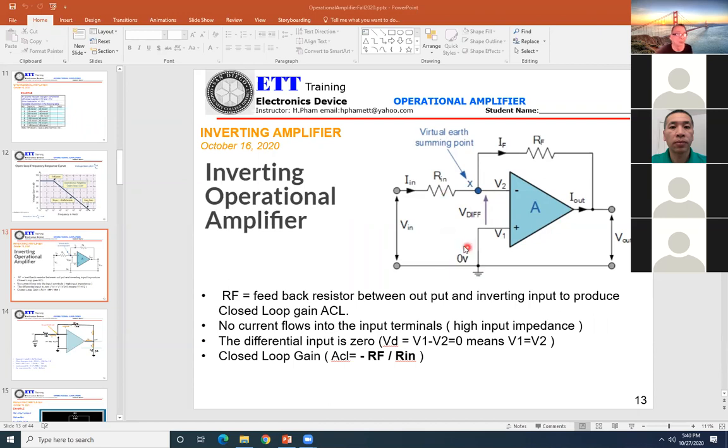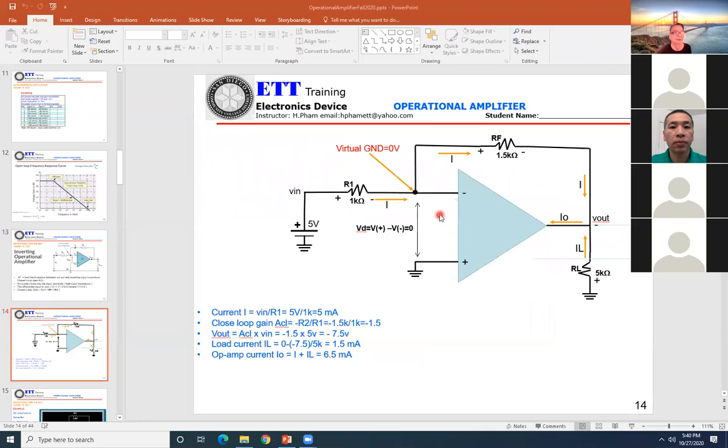Okay, a root current still flows through it. Now you can see that virtual root here. So in this case, you get a 5 volt current going into that point here, but it does not go inside. Okay, they go up. And when they're going up here, going through R F will be positive, leaving will be negative. So if you get a negative here, then you get a negative here.